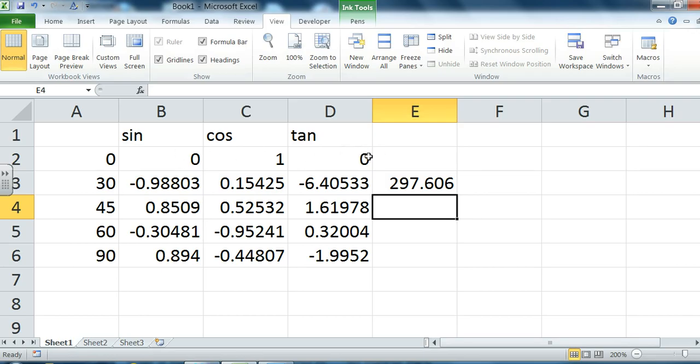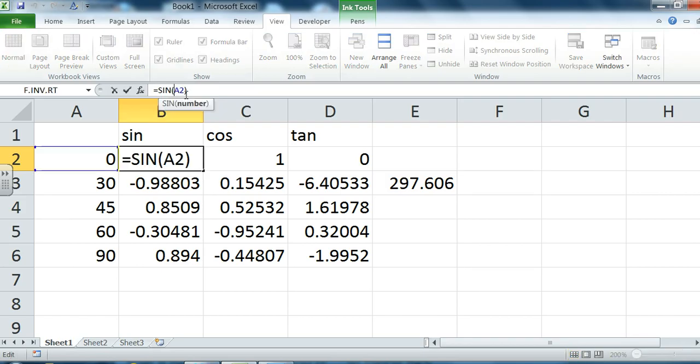I got the right answer, but the sine of 30 radians is not the same as the sine of 30 degrees. So what am I going to do? Well, I'm going to change the argument to radians. R-A-D, radians, right there, and the other parentheses.